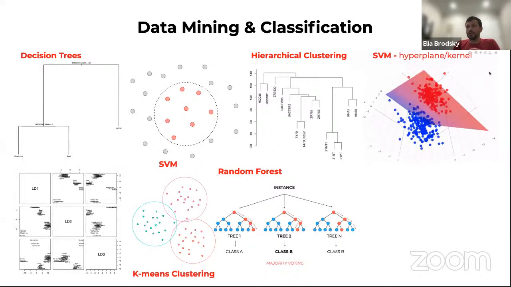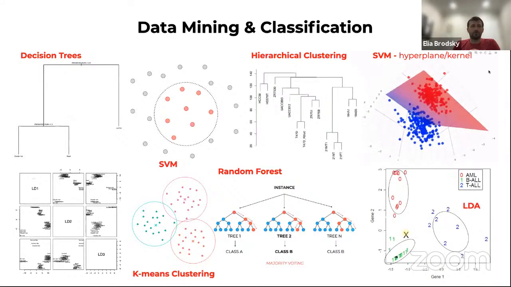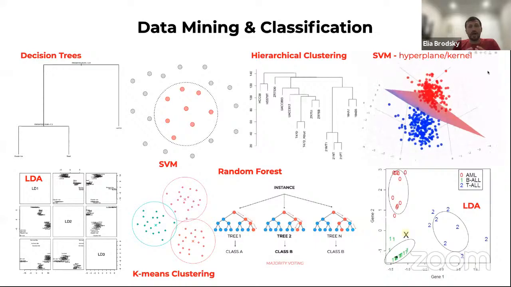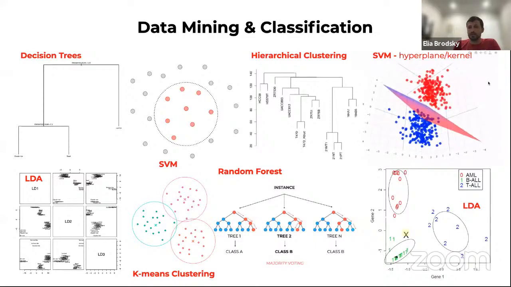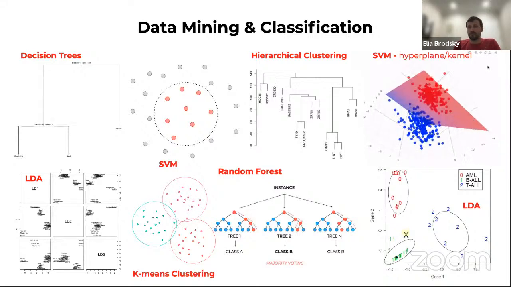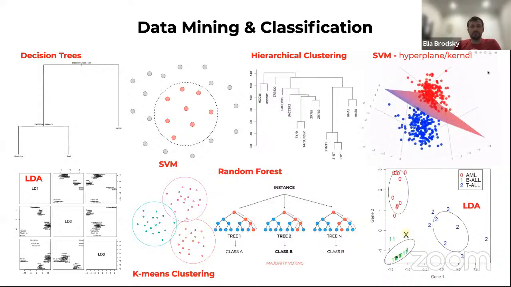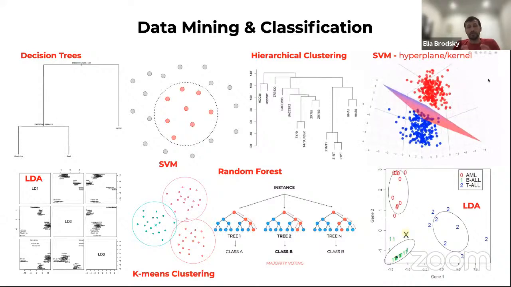So we will look at different examples of methods like decision trees, support vector machines, hierarchical or k-means clustering, including clustering for big data sets like PAM, fuzzy, and dbScan. We'll look at linear discriminant analysis and other types of methods that will help us use this predictive analysis for inference, for feature selection, and something that we can ultimately interpret.